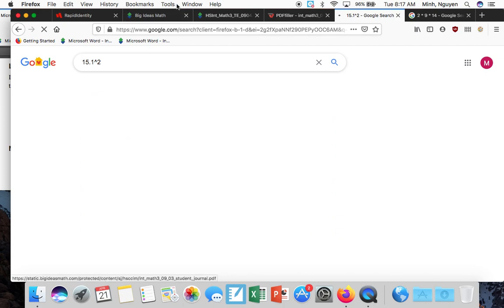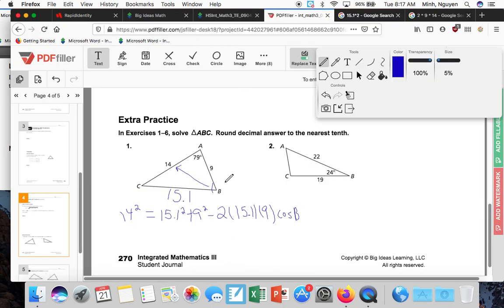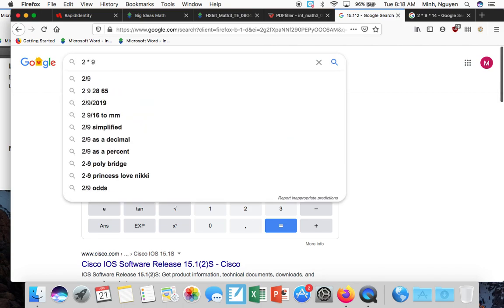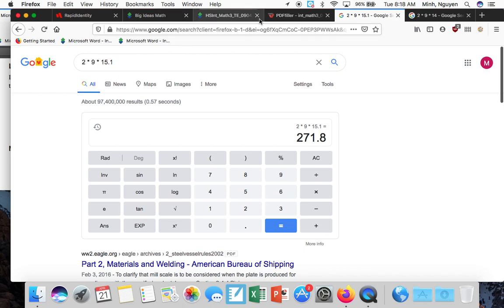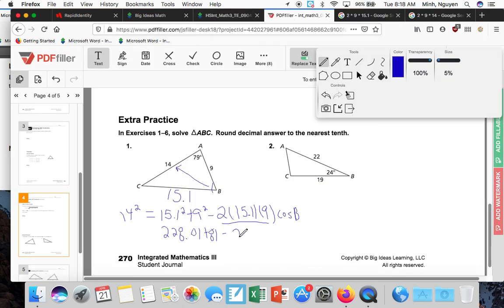15.1 squared is 228.01, plus 81, minus, I'm just going to multiply all these together, 2 times 9 times 15.1, 271.8, times cosine of angle B. 14 squared.